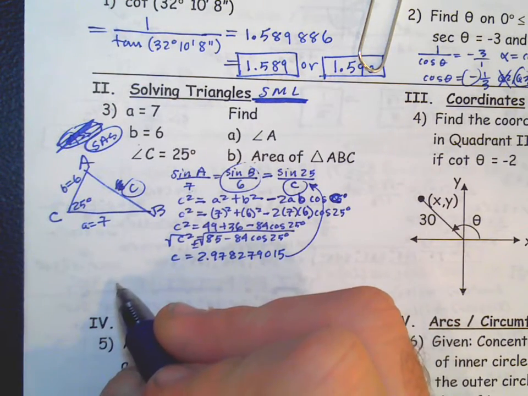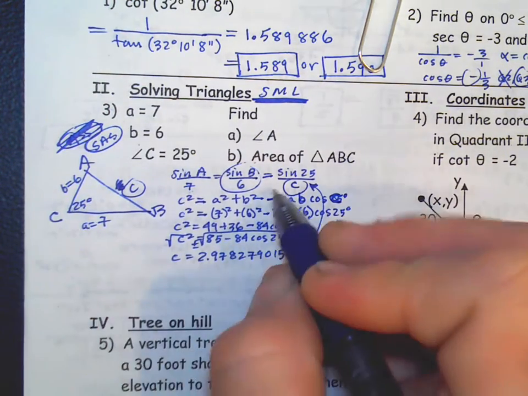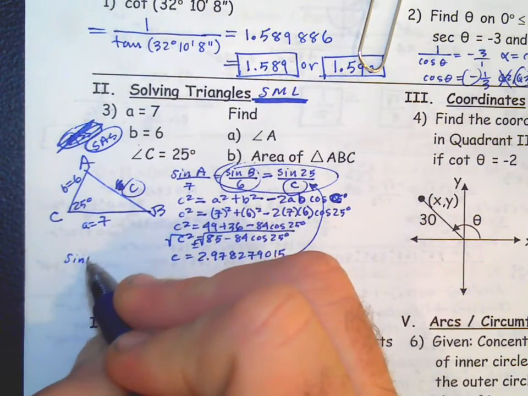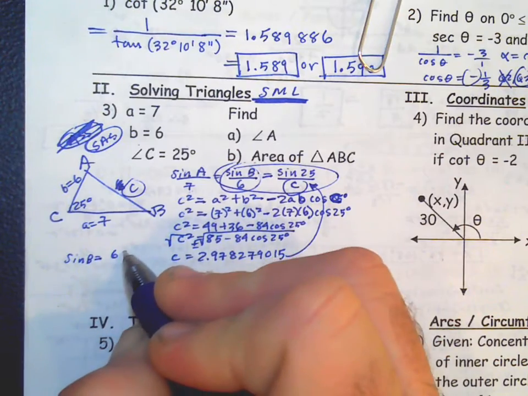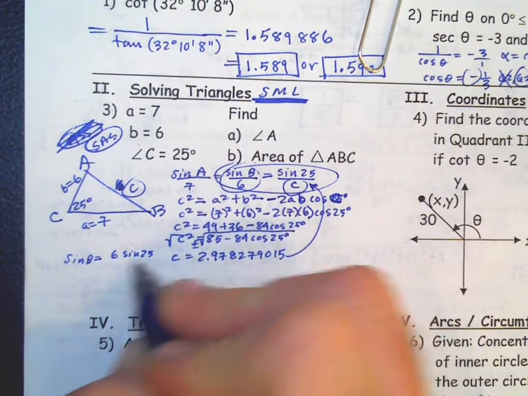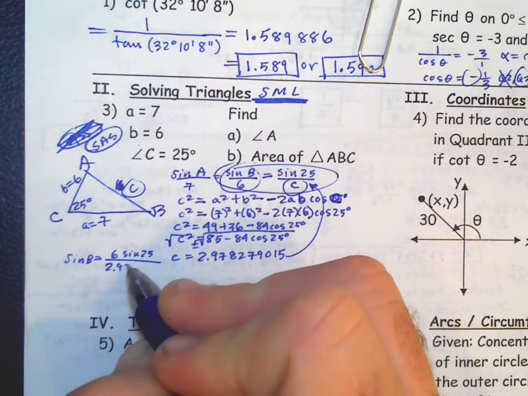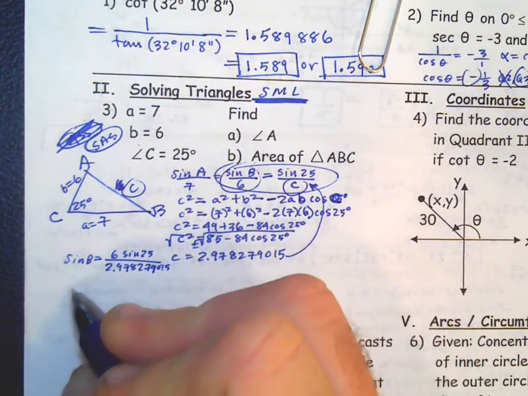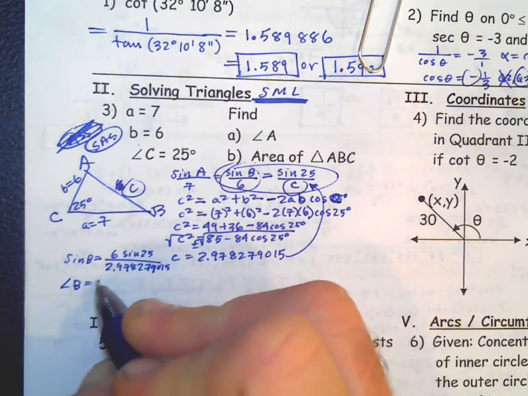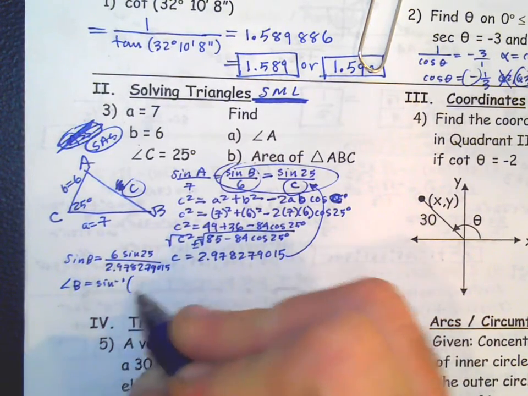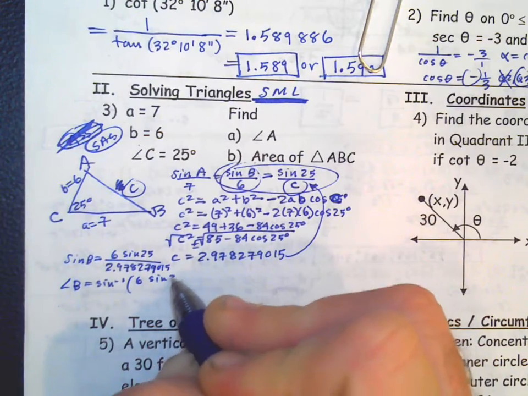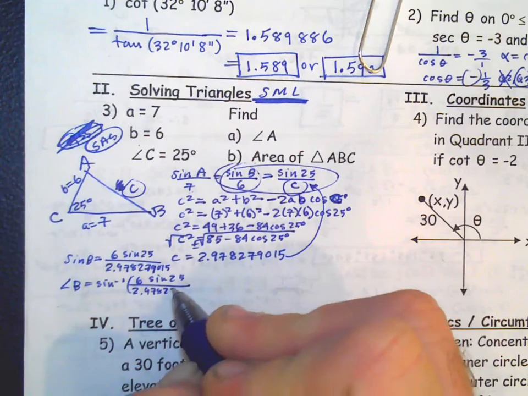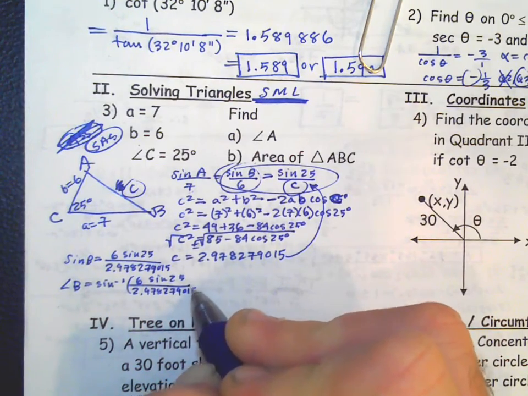So we're going to find angle B. So we're going to say, okay, well, sine B equals 6 sine 25 over 2.978279015. And then angle B equals inverse sine of that, 6 sine 25 over 2.978279015.